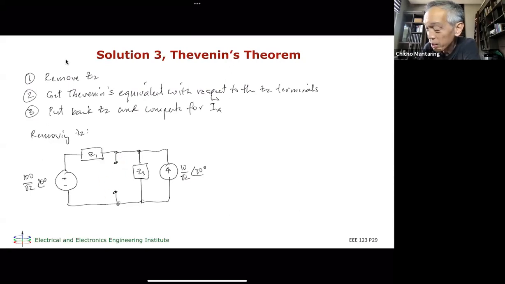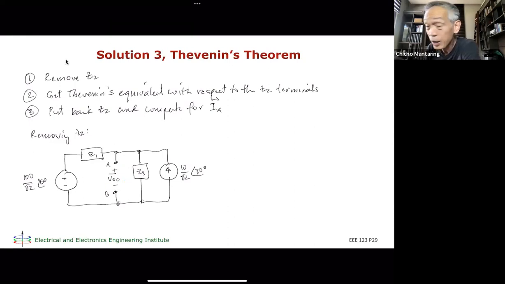Let me call this terminal A, terminal B. What is my Thevenin voltage? My Thevenin voltage is the open circuit voltage between A and B. Remember that all my voltages and currents will be phasors. And how do I compute this VOC?